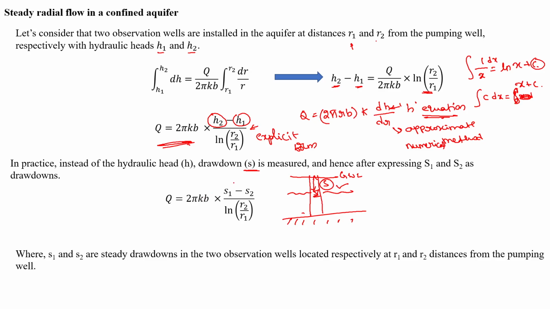So we will write it this way: replace h1 and h2 with s1 and s2. This will be s1 minus s2 divided by ln of r2 by r1. Okay, this is a general equation for steady radial flow in an unconfined aquifer.